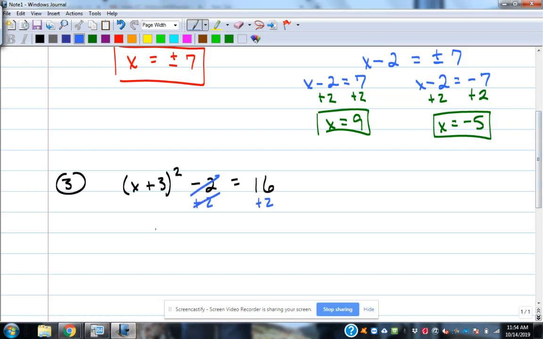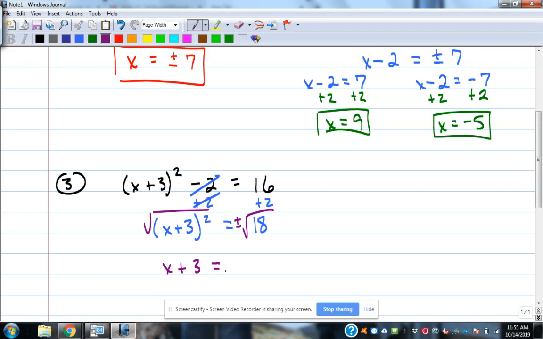That cancels that out, and that gets us x plus 3, squared, is equal to 18. And the squared part is now by itself, right? So I can take the square root of both sides to get rid of the parentheses because I need to get x out of there. So if I take the square root of both sides, it gets me x plus 3.